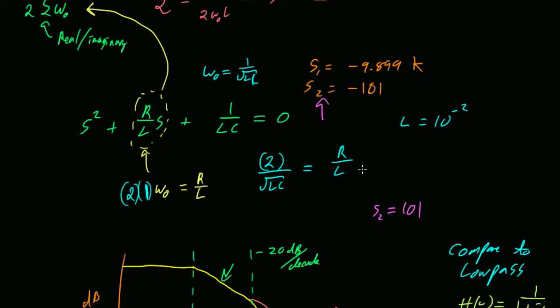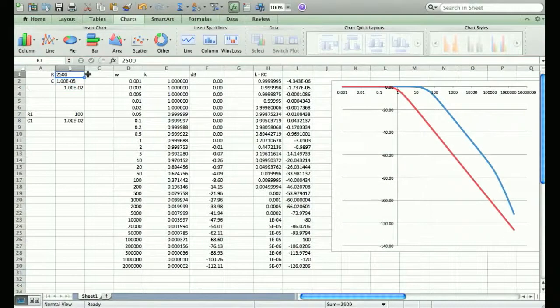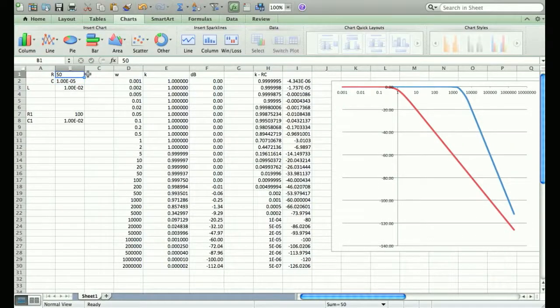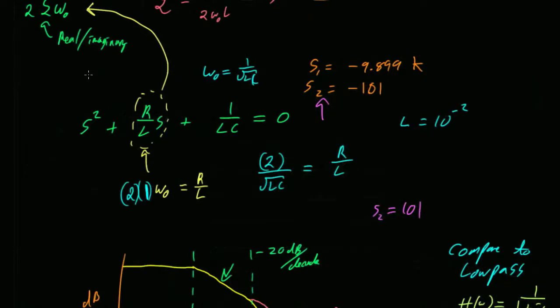So we'll put in 20. You got 20 ohms? So, should be 20 ohms.